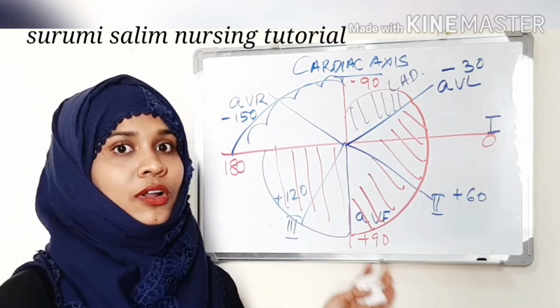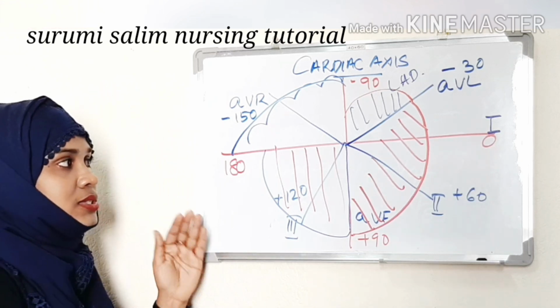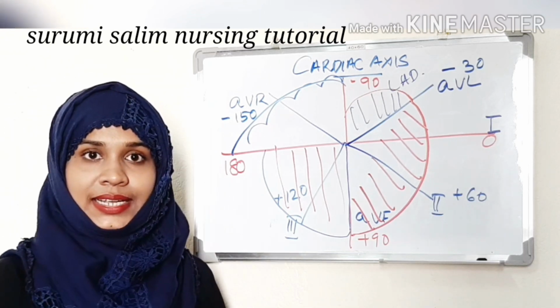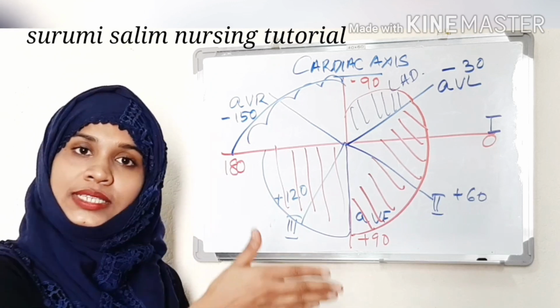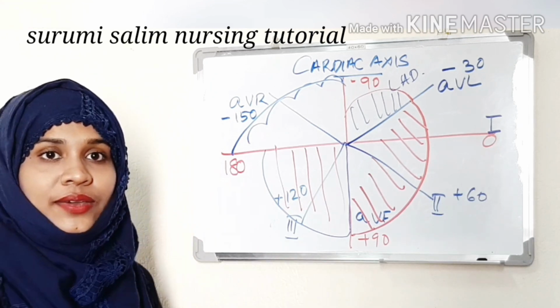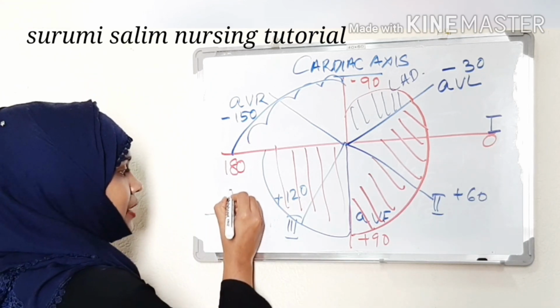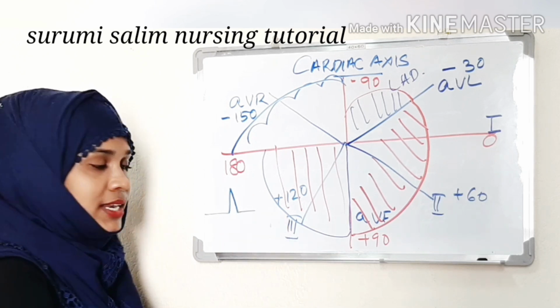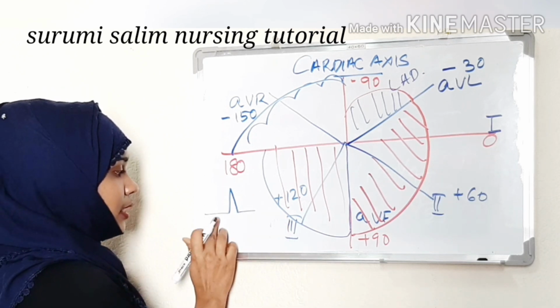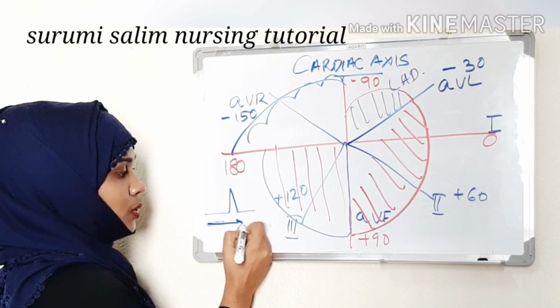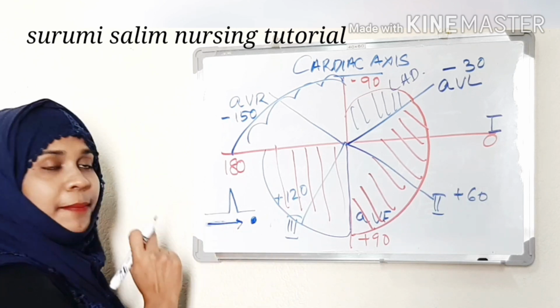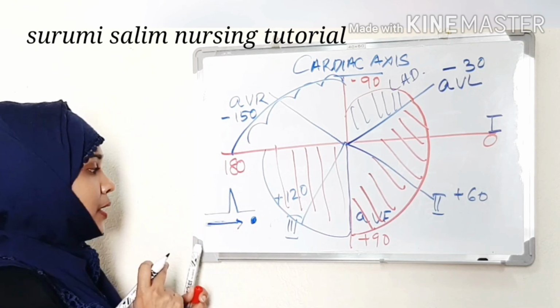Okay. I hope all of you understand. And I will tell you also something. If an electrical impulse passes towards the positive pole, it gives us a positive deflection in the isoelectric line. So if an impulse travels towards the positive pole, it gives a positive deflection in the ECG.